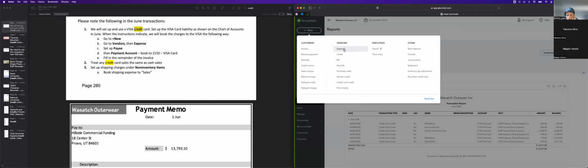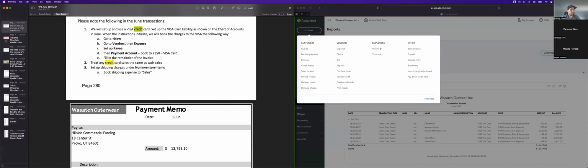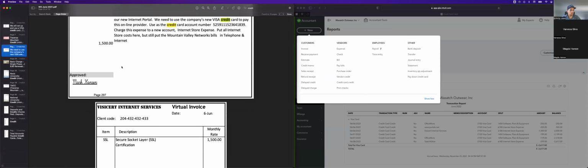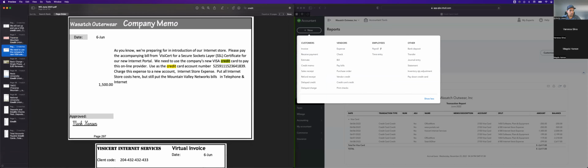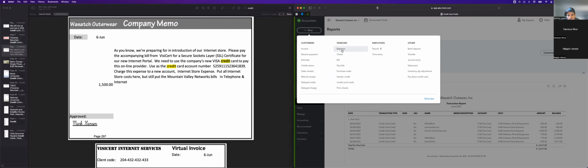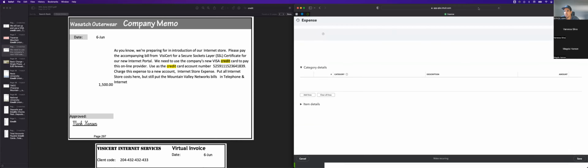We want to do an expense. So what we should do with this, we're not doing this credit card credit. This is like booking a payment or you're getting a credit or something else, but rather we're doing an expense.